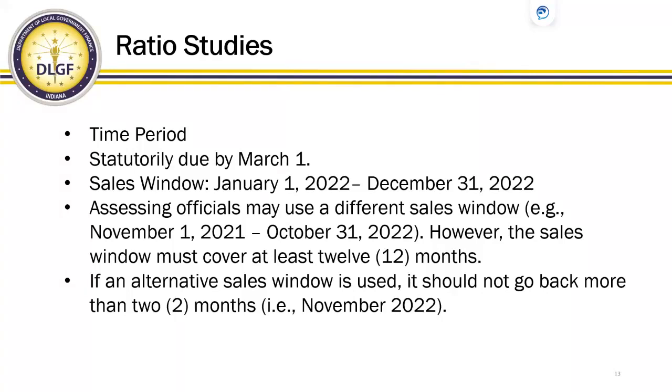Then, statutorily, by March 1st, they submit their ratio study to us. If the county is delayed in submitting their sales or their ratio study, that could potentially put on-time billing in jeopardy down the road. So please make sure to submit your sales by February 1st, and then also submit your ratio study to our office by March 1st.